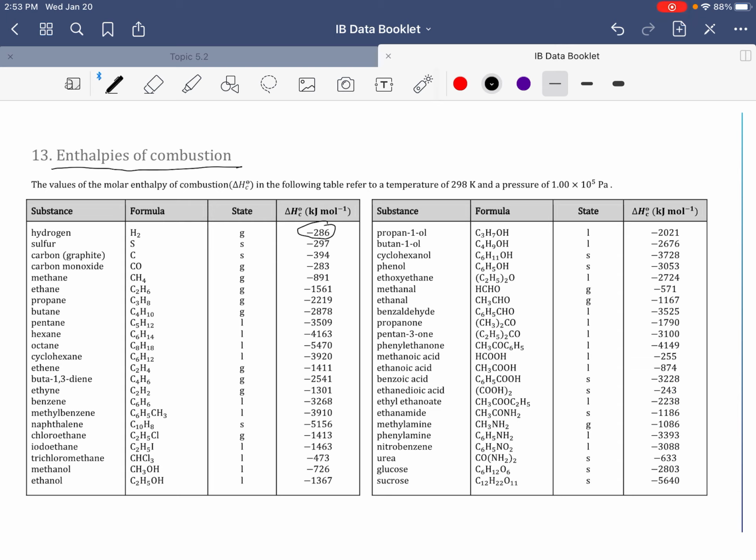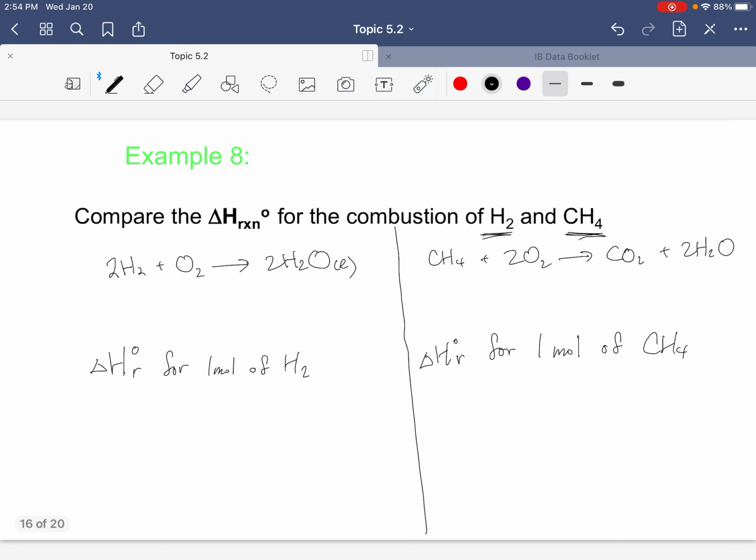So this gives you the answer for the previous example, example 9, and you can check your answer here. If you're combusting H2, reacting H2 with oxygen gas, you should yield negative 286 kilojoules per every mole of H2.